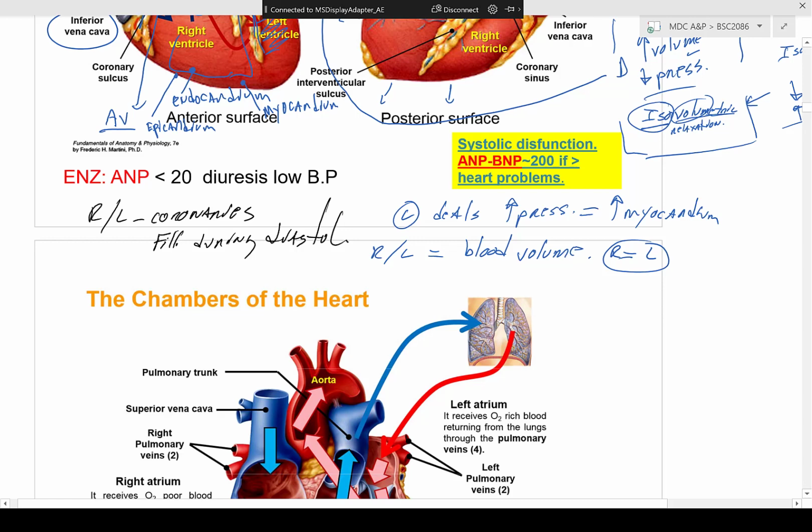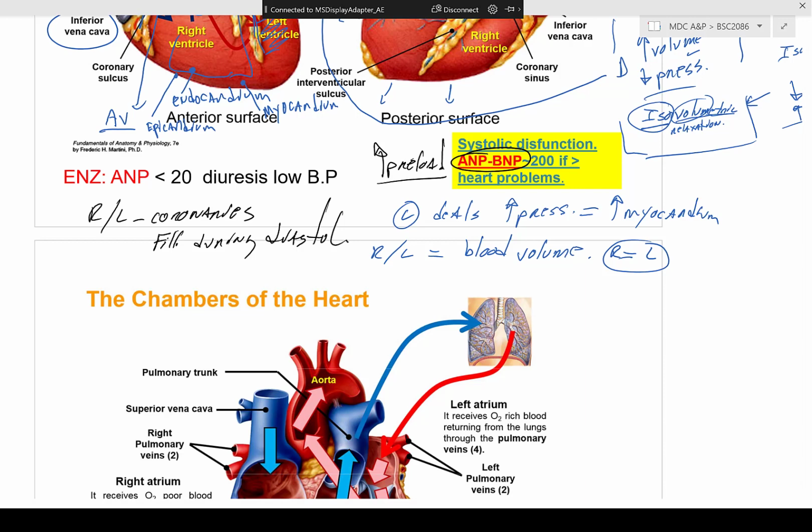ANP and BNP. So ANP and BNP, whenever your preload is increased, what is preload? Again, the blood that is entering the heart. Whenever you increase in preload, your atrium is going to produce both ANP and or BNP. And by doing so, it allows your kidney to get rid of most of that water, the plasma portion of the blood, by peeing it out.